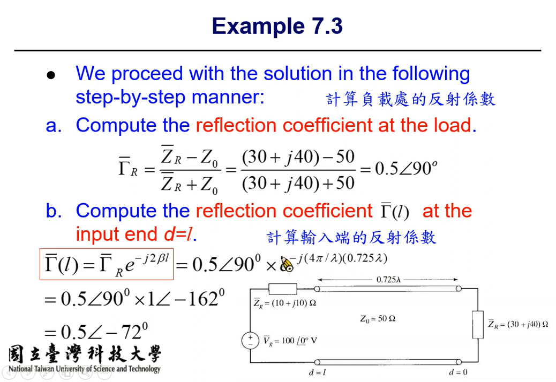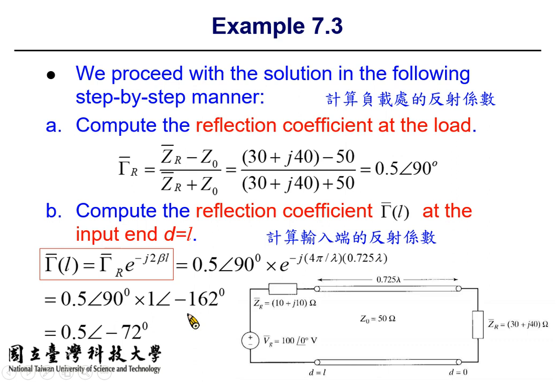For your convenience, we can read it in terms of degrees instead of radians. That will be minus 162 degrees. Because you have 90 degrees here, you have a total of minus 72 degrees. So this is the reflection coefficient at the left end.